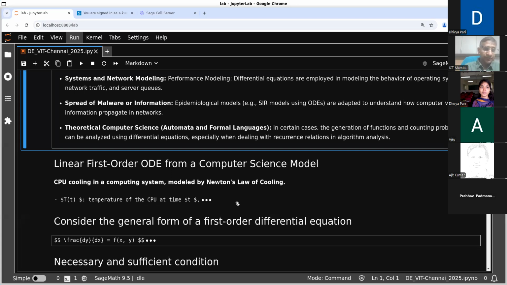So you can use a differential equation. For example, many of these servers are placed in areas where the temperature is very low, so that they can save energy. So it is very important.